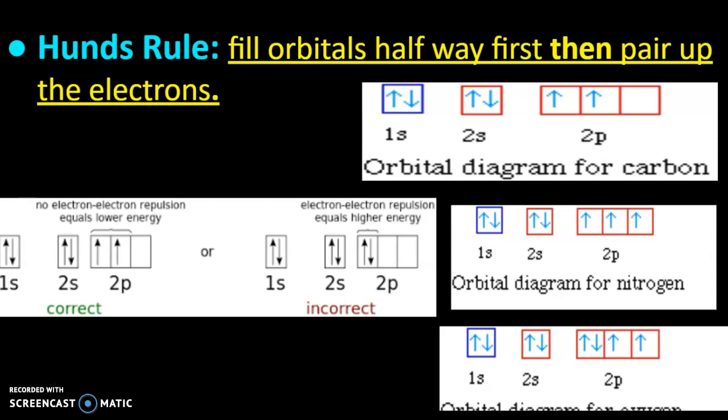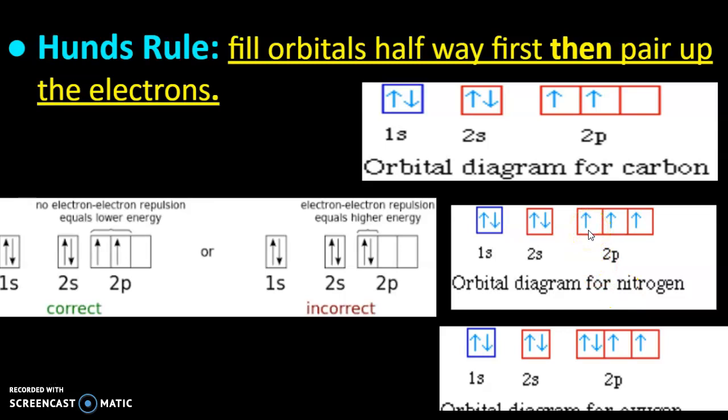Now, the last rule is called Hund's rule, and this rule states that we have to fill orbitals halfway first, then pair up the electrons. This means that in a 2p shell, for example, you're going to have to fill in one first, then the next, and then go back to add the opposite spins. Let's take a look at hydrogen.